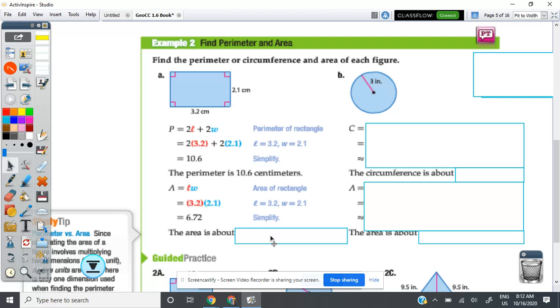And now we're talking square units. Notice we did units times units. When we do times, centimeters times centimeters, we get centimeters squared. And area is how many square centimeters, how many squares does it take to cover it.